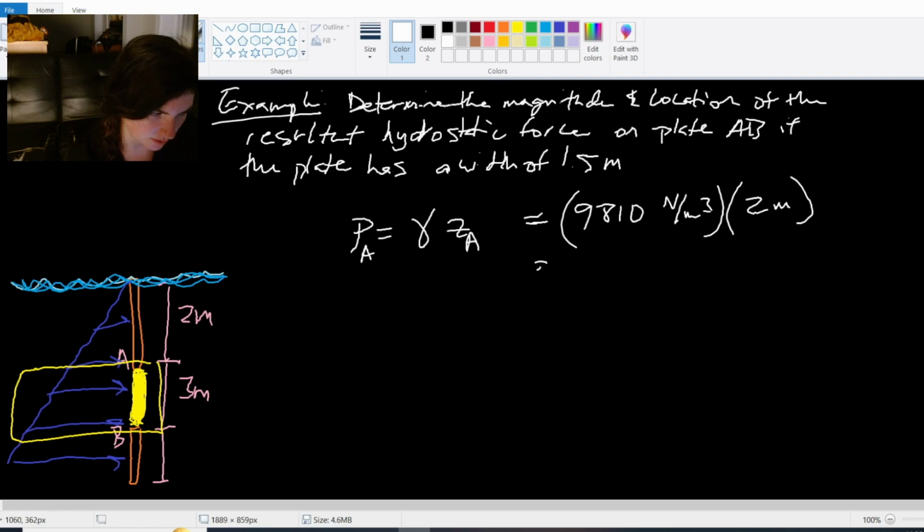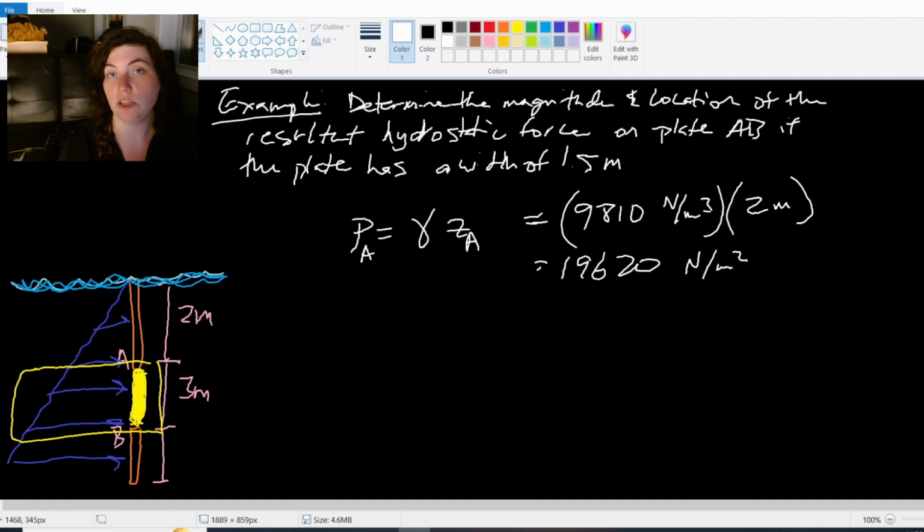That gives us a pressure of 19,620 newtons per meter squared. A newton per meter squared, you might also see listed as a Pascal, with the symbol Pa. That's a unit of pressure named after a scientist. So pascals and newtons per meter squared are the same thing.